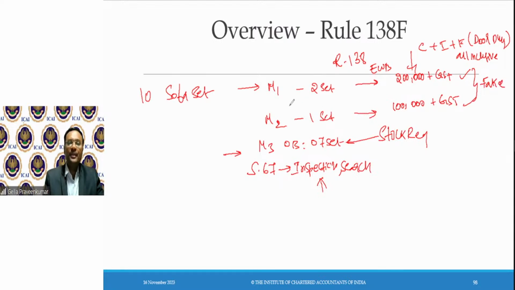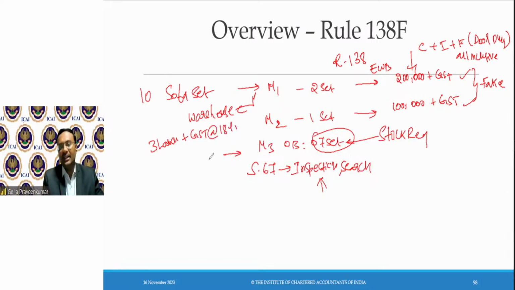That means to say, you have these 2 units somewhere in your warehouse where you have concealed these items, and you declared only 7 items. So I levy GST on 3 lakhs, at the rate of 18% under Section 67 read with Section 73. This is how the interpretation can be made by the GST officer.